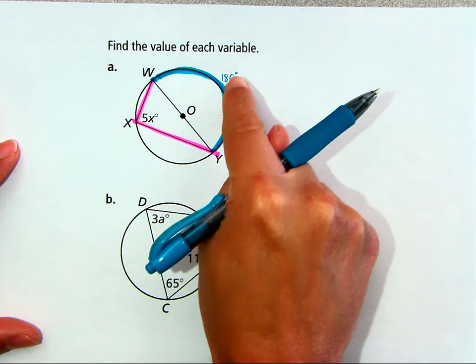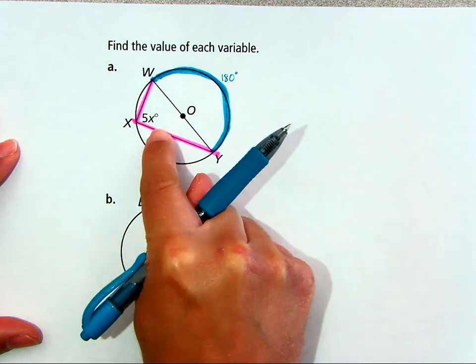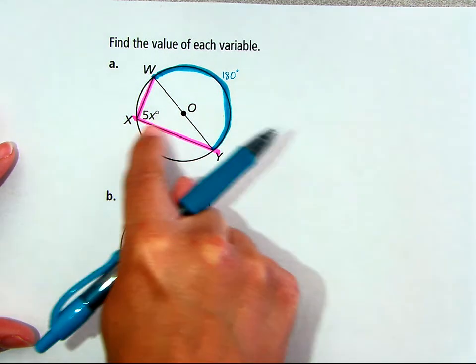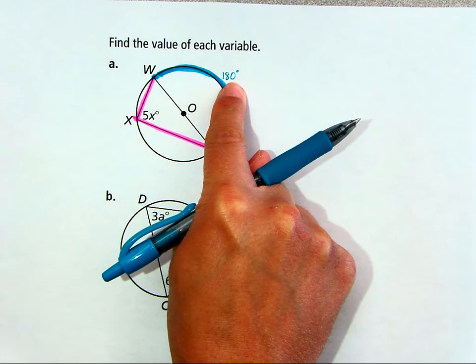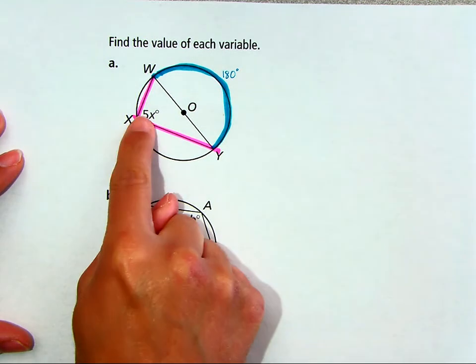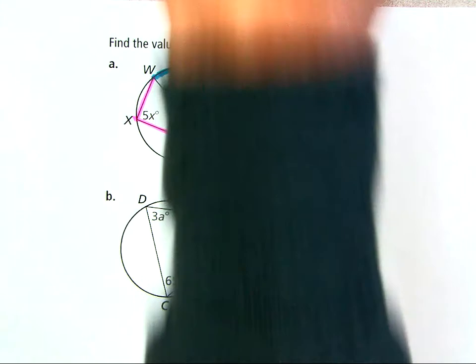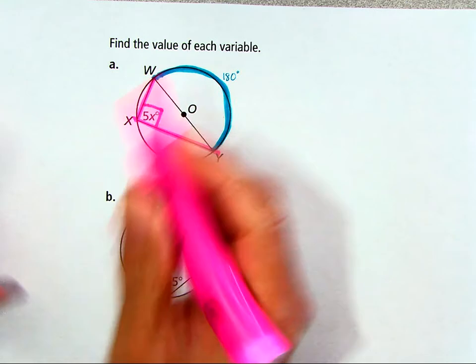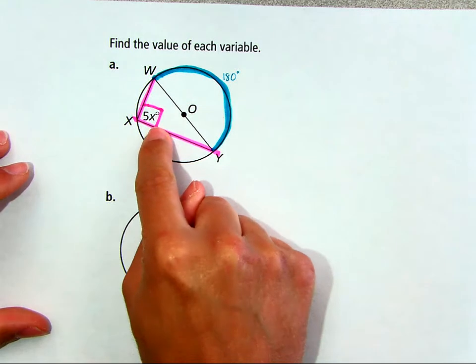Remember that's going to be double of this inscribed angle. So if we take half of 180, that is 90, then angle X would be 90 degrees. So this is a right angle. 90 times 2 is 180.